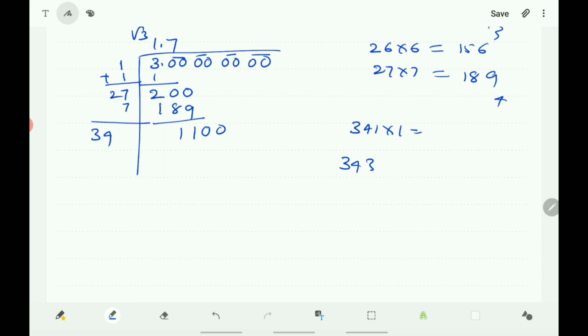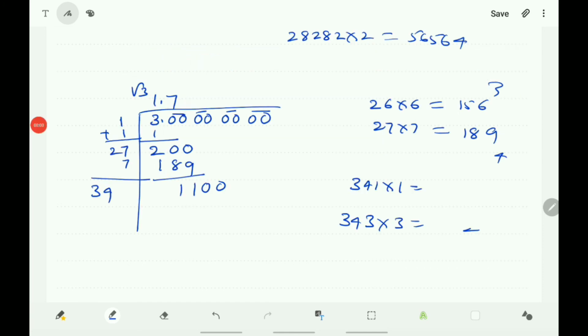You put 343 into 3 here. If you put 343 into 3, that becomes 3 3s are 9, 3 4s are 12, and 3 3s are 9 plus 1, 10. 1029 you are getting. So you can put 343 into 3, that is 1029.